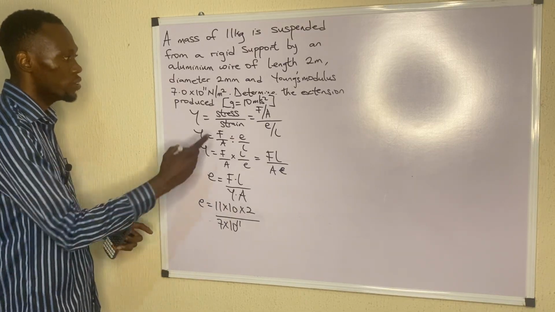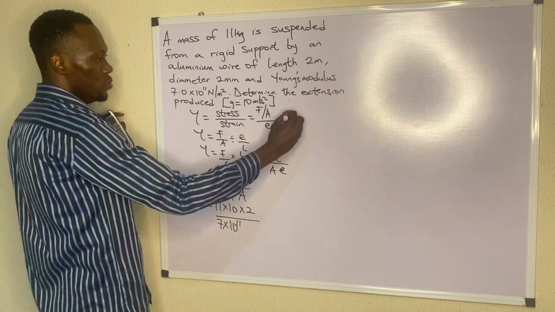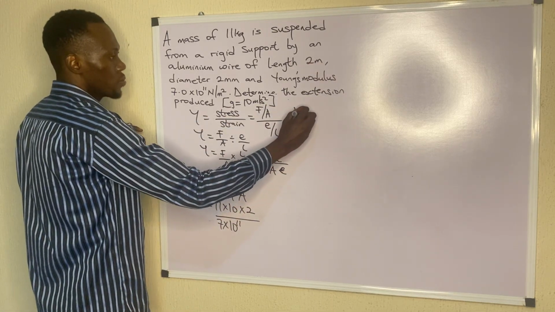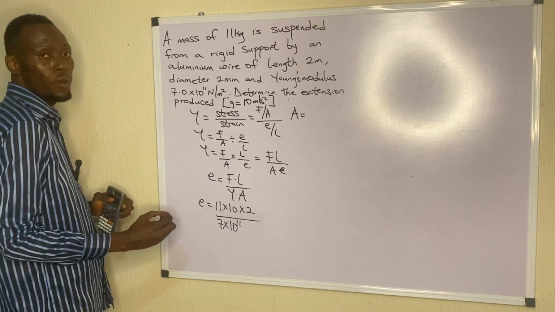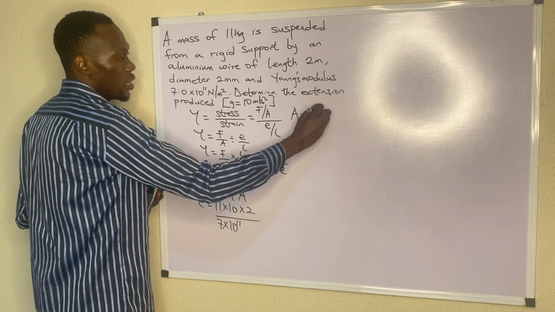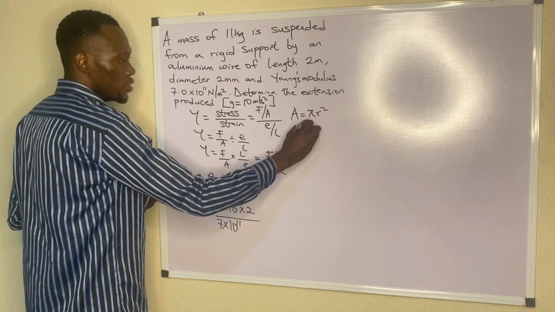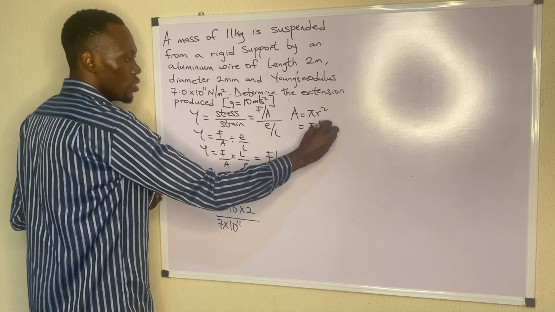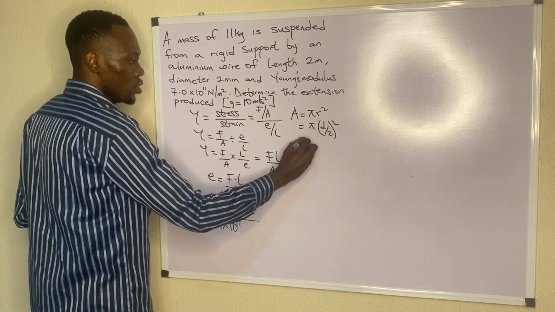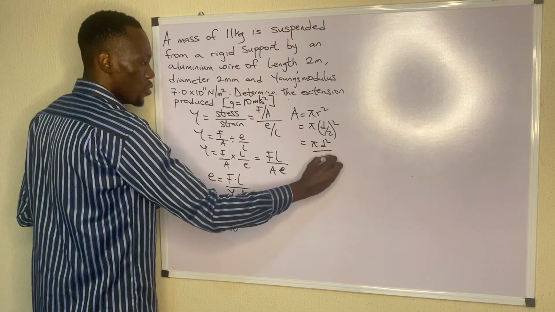The area was not given, but the diameter was given. If you can recall, the area of a wire is pi r squared, and radius is the same thing as diameter over 2, squared. So I'll have pi d squared over 4.